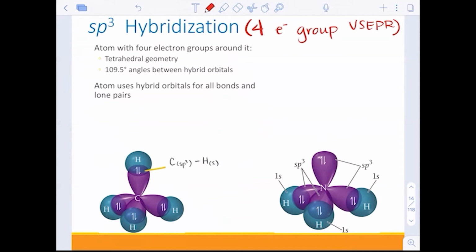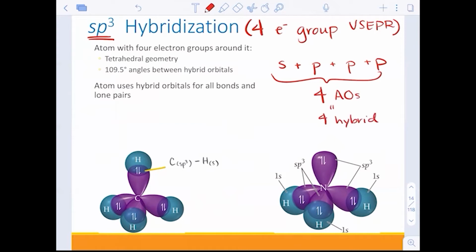The bond angles are 109.5. That must mean that the actual atom in the center hybridized in an sp3 fashion. Notice the s, the p, and the p. Those are 4 atomic orbitals going to make 4 hybrid orbitals, which is 4 electron groups.